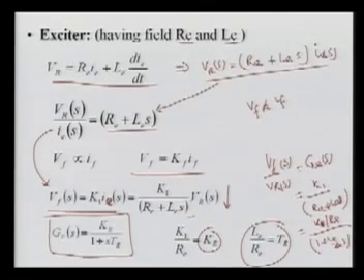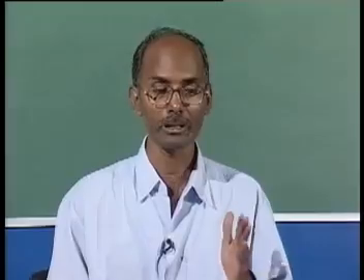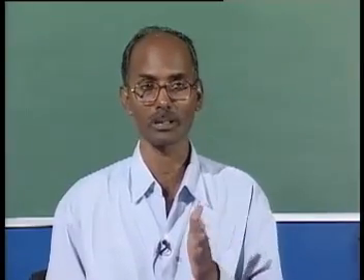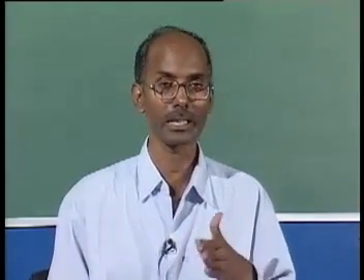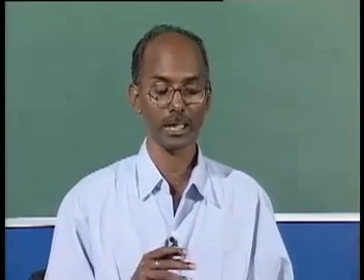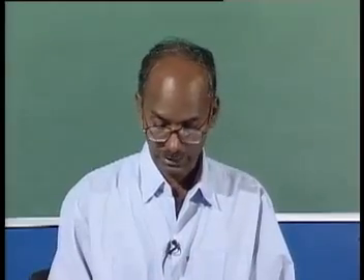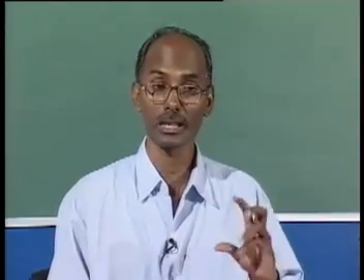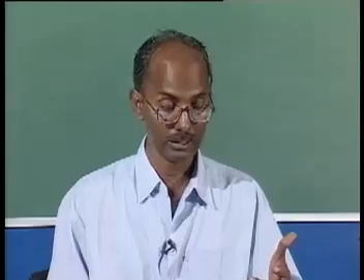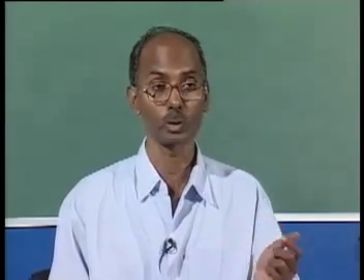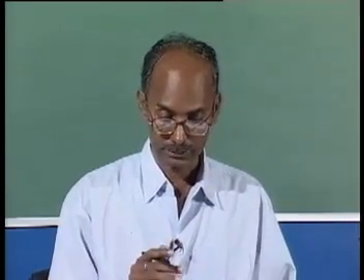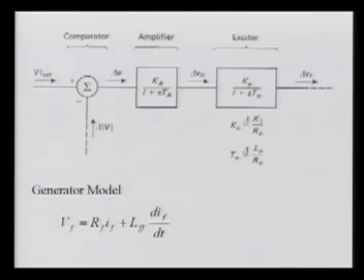In this whole excitation model we ignored the limiters, because the VR also has some limiters, meaning VR cannot have a larger value, so we can have a limiter. We also ignored the saturation, because it is a rotating type of excitation, a machine saturation effect, and the saturation effect would also have to be taken into the picture.